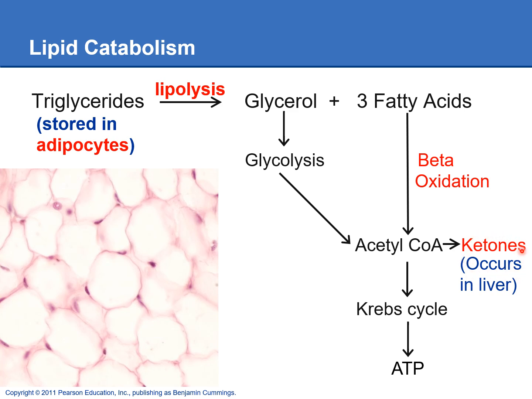And so if you have a type 1 diabetic breaking down too many fats and you get too many ketones, you can get them going into a diabetic ketoacidosis because they get too many of these ketones being produced, and then it makes their blood pH too acidic, and that causes all kinds of problems because you've got to maintain homeostasis with your blood pH, and they get too acidic. So that causes problems.